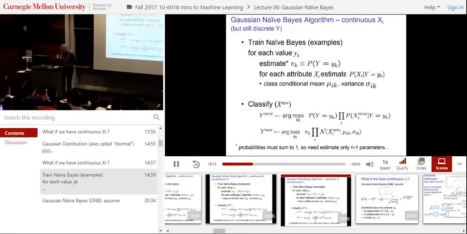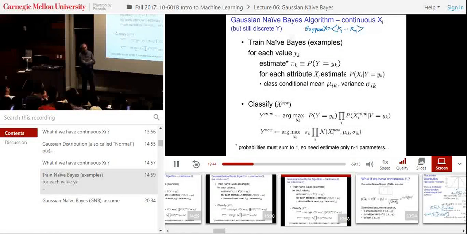Recall that when we had our Boolean valued x sub i's, let's suppose x is x1 up through xn. So you have n features. Like in the Squirrel Hill example, I think n was 3. We had 3 features from which we were predicting y.